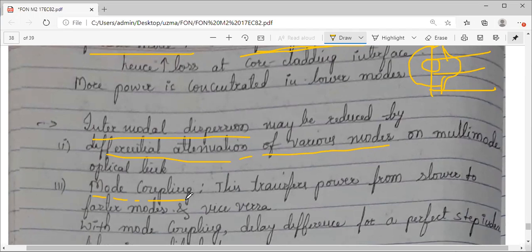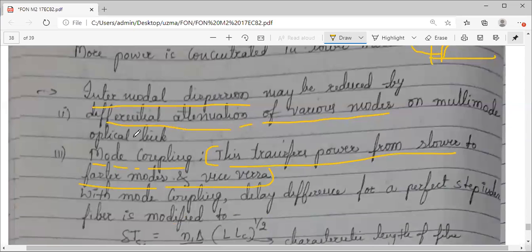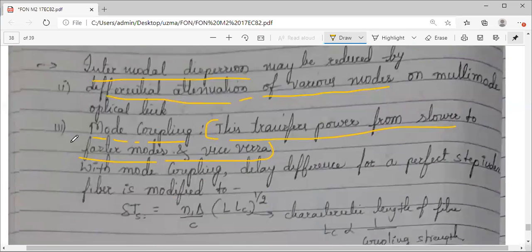Because it is a multi-mode fiber, many modes will be traveling. During this propagation, one mode transfers its energy to the other mode. That is what is called mode coupling. So this will transfer the power from slower to faster modes and vice versa. With this also, the dispersion can be optimized or minimized. So these two are the ways to reduce the intermodal dispersion.